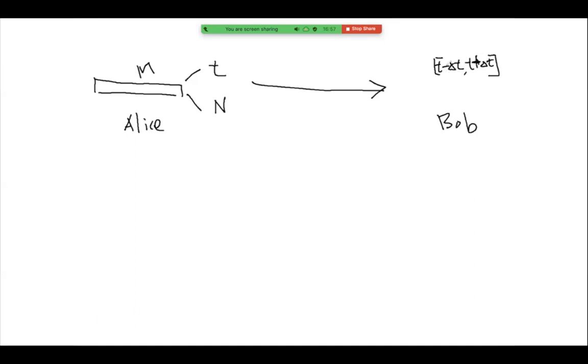So within this range, Bob will keep all the nonces it receives. In other words, for any message, look at its timestamp. If that timestamp falls into this range, then he will store all the nonces that he saw.